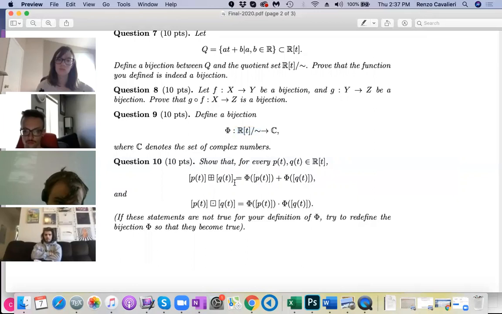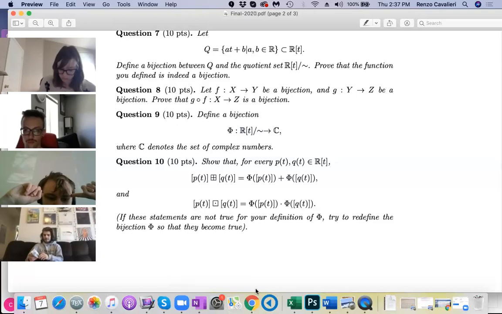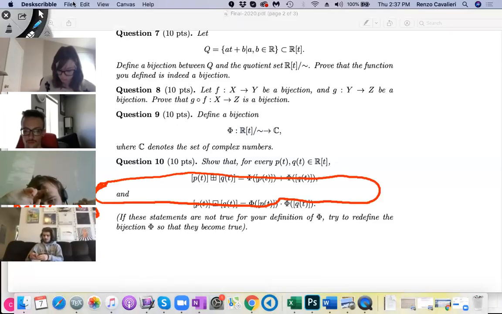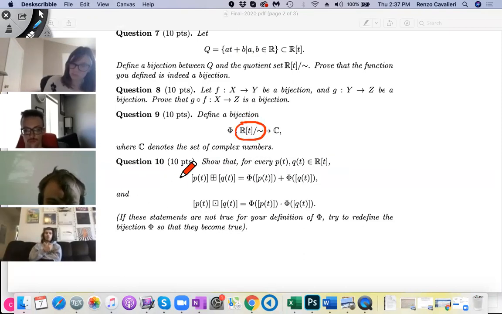sorry, there's a typo here. I'll fix it. Let me show you what the typo is, and then I'll fix it on the exam and send you the better copy. So this is an addition here, and this is an addition of complex numbers.